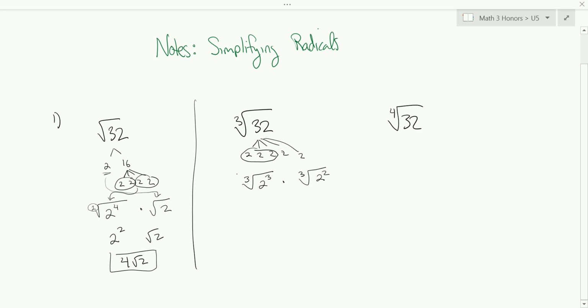Okay, so the first one we can find, which is what? 2 to the which power? First power. So if you divide the power by the root, you get 2 to the first power and then the cube root of 4, or 2 cube root of 4. So try the 4th root of 32.